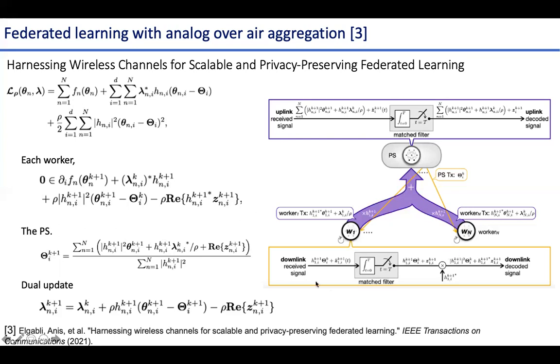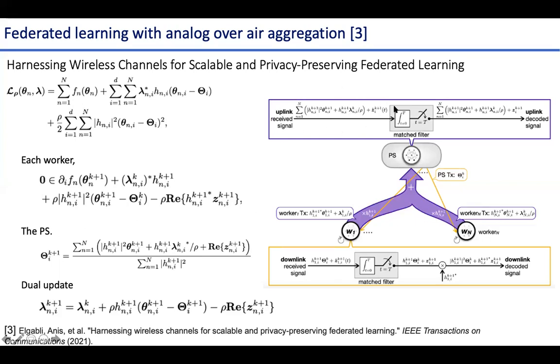This is the uplink. What we are transmitting from each worker is h conjugate times theta plus lambda over rho. When we transmit that value, it gets scaled by h, and at the receiving side we end up having this.